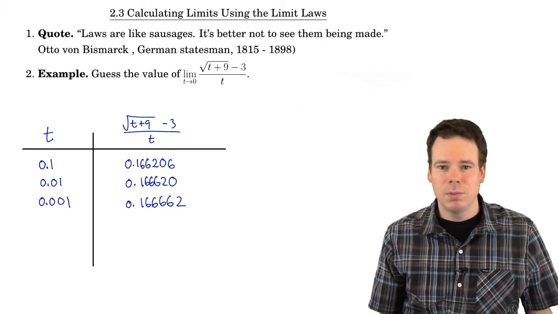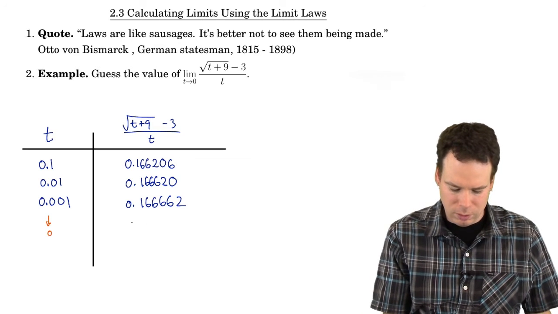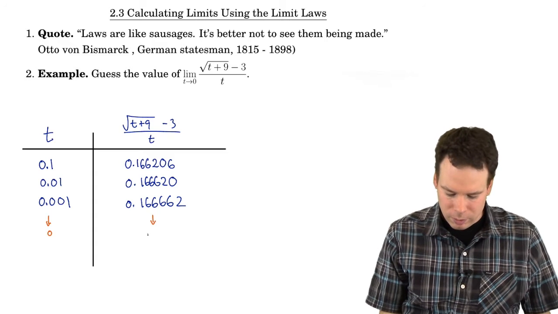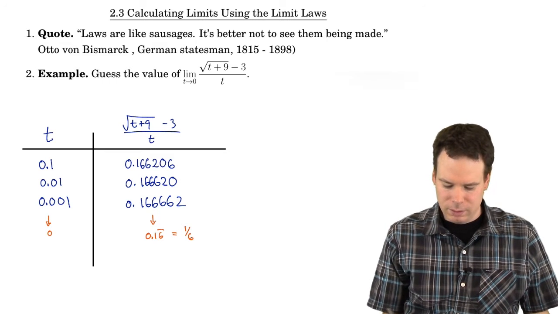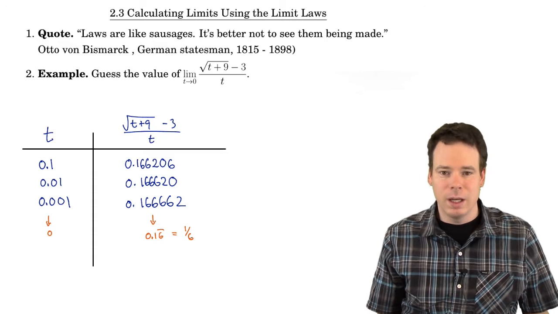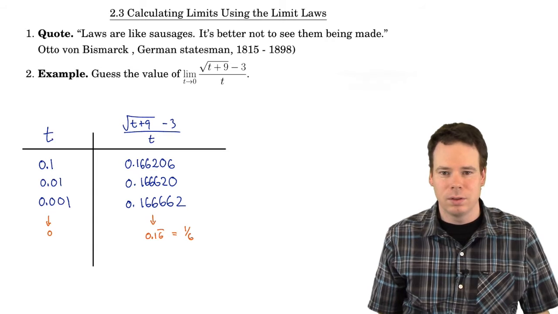So they seem to be going to 0.16 where the 6 repeats. So this is 1/6. It looks like the value of the limit will be 1/6, at least as far as our table of values has indicated.